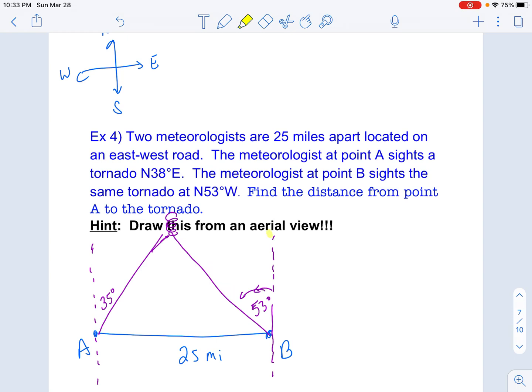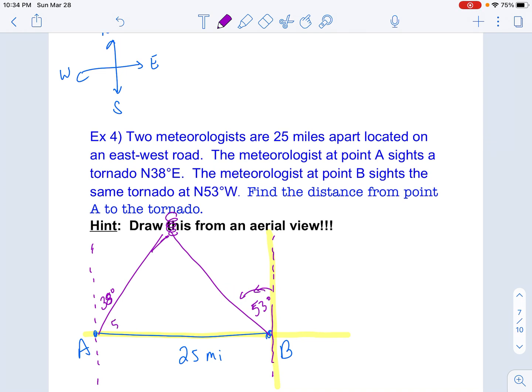One of the things that we have to remember is that the north-south line as well as the east-west line are perpendicular. So we know that these two angles have to add up to 90, and so do those two angles. That allows us to get inside that triangle. So on the left side, if I do 90, oops, that was 38 degrees, not 35, sorry about that.